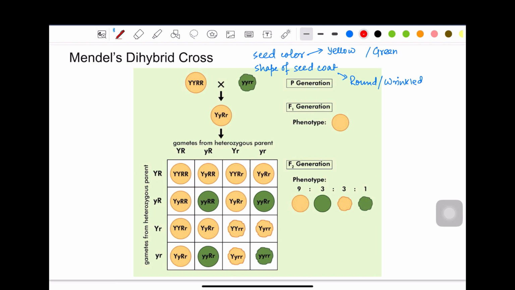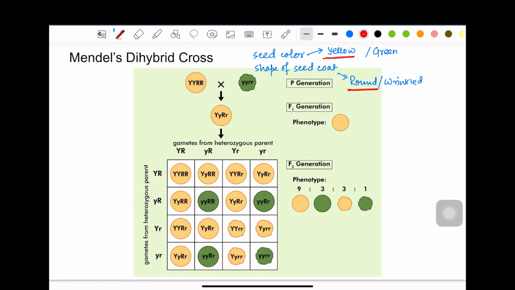The dominant trait in the seed color was yellow, so yellow was dominant over green, and in the shape of the seed coat, round was dominant over wrinkled.